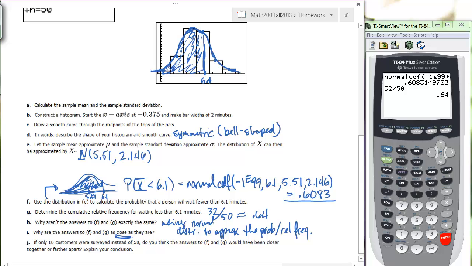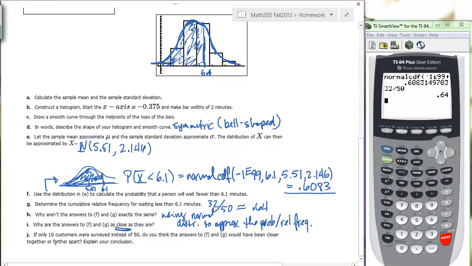Now the last one, if only 10 customers were surveyed instead of 50, do you think the answers would have been closer or farther apart? So I think for this one, it should probably be farther apart, since the more data you have, the closer you'll be to the approximation.